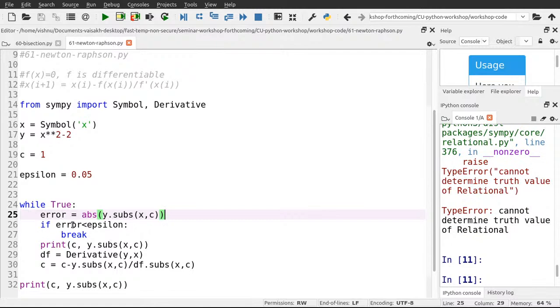Still, it's wrong. Cannot determine truth value of relational.